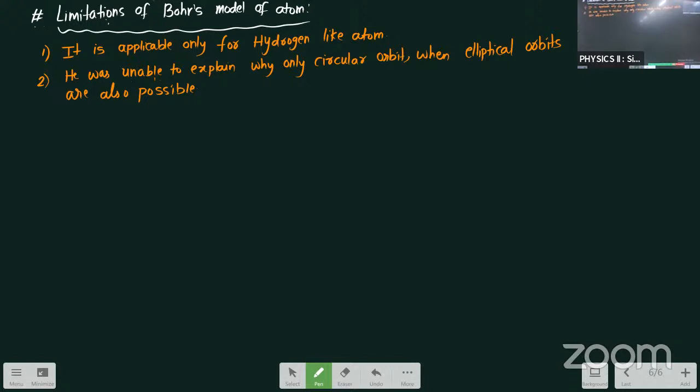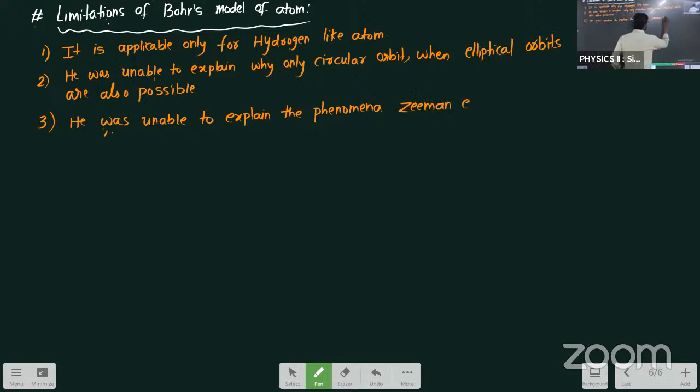And the next important limitation is the third one: he was unable to explain the phenomena of the Zeeman effect and Stark effect.